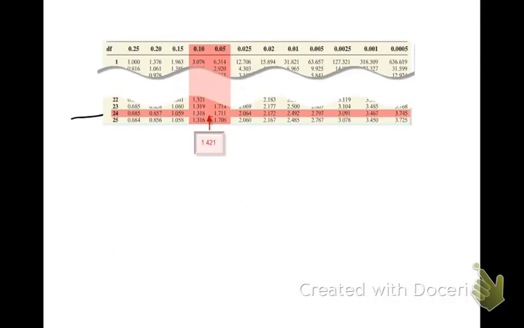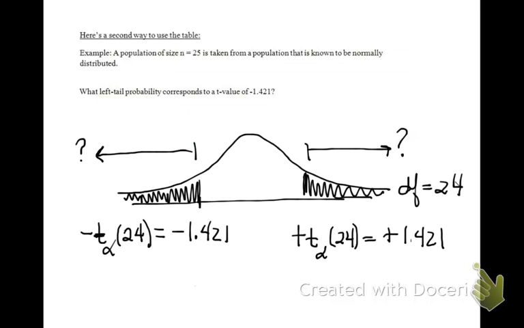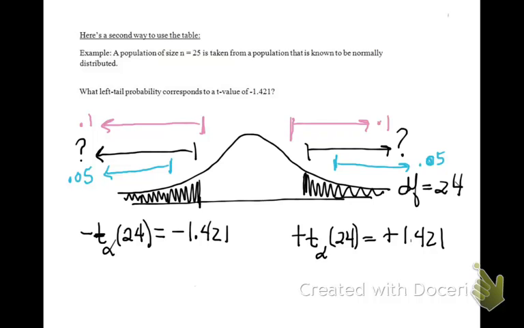Here's my row with 24 degrees of freedom, and I'm looking for the t-value 1.421. This is trapped between probability values of 0.1 and 0.05. So in the picture, I'm trying to show you that the probability you're looking for is somewhere between the number 0.05 and 0.1.